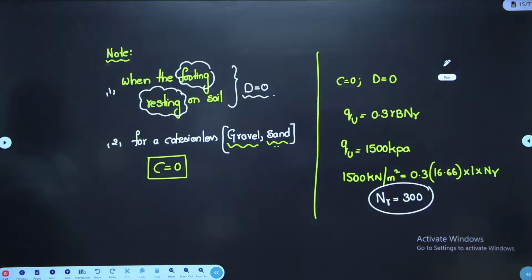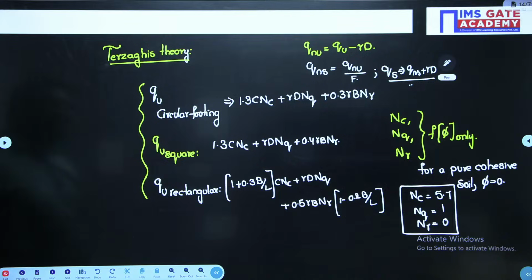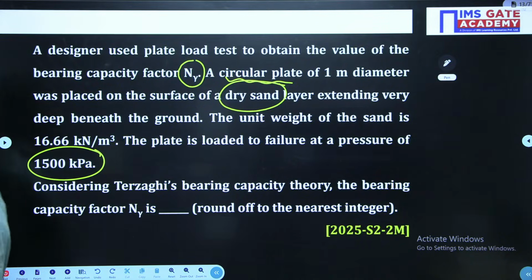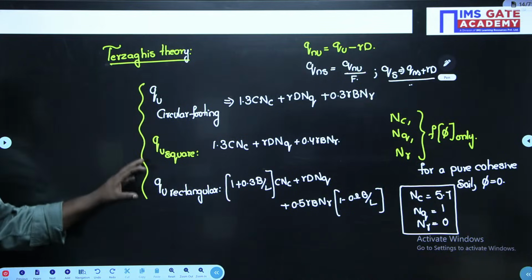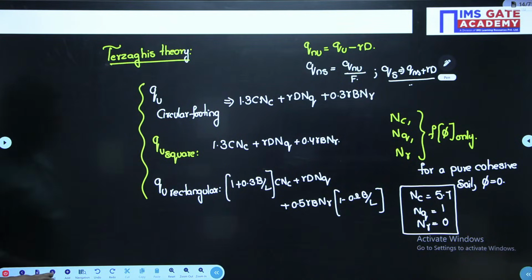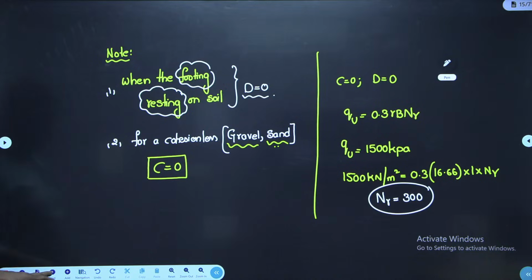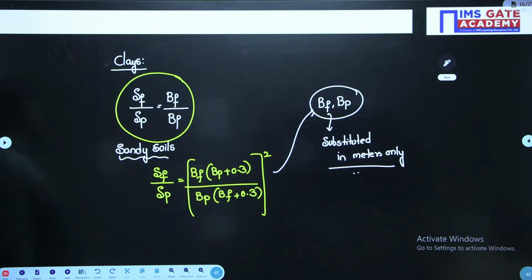I hope you have written this, students. Please try to write down the in and around concept of this. So this is the given data. This is for ultimate bearing capacity for different cases. These are the notes. Please write down that.